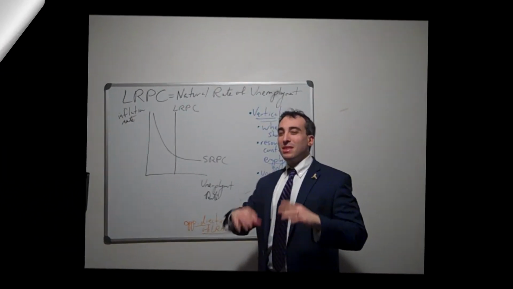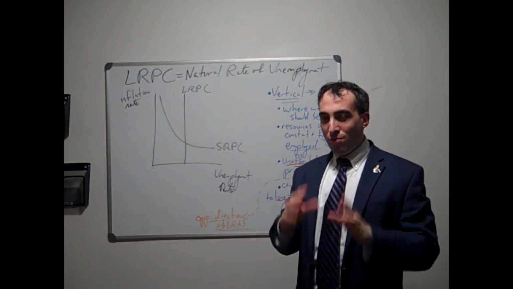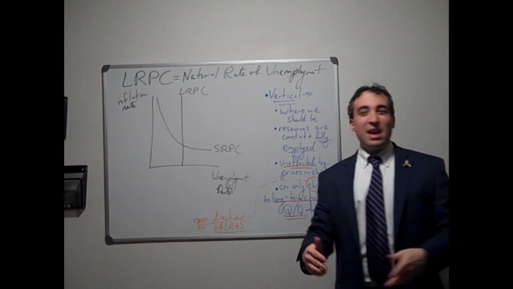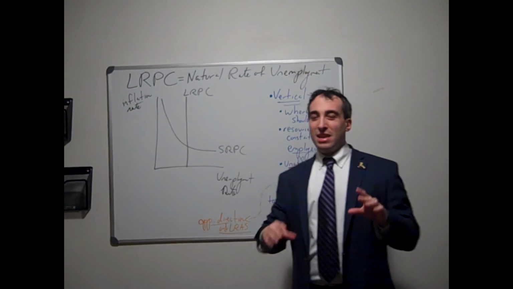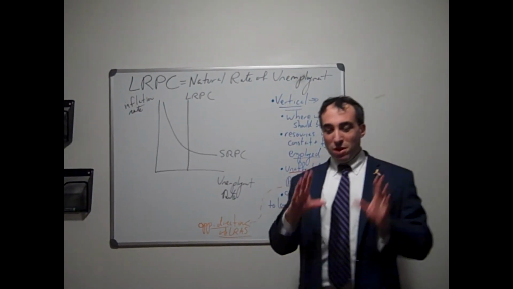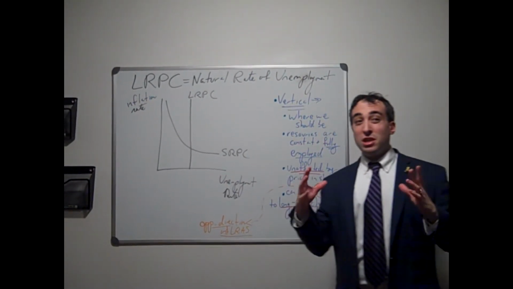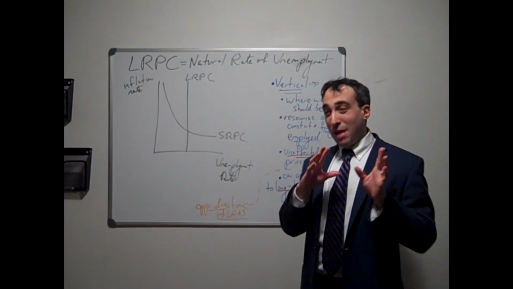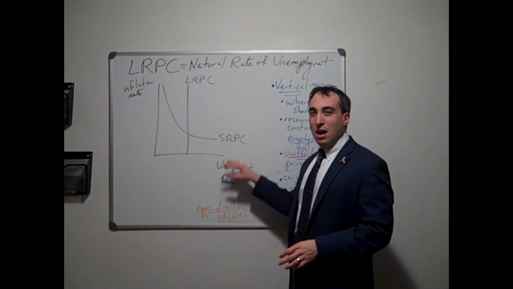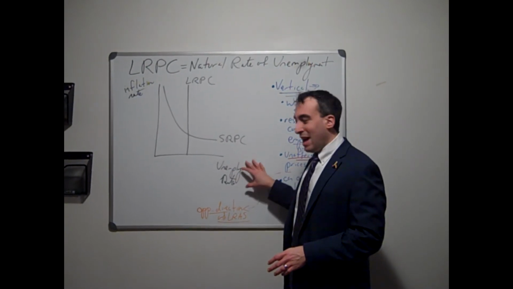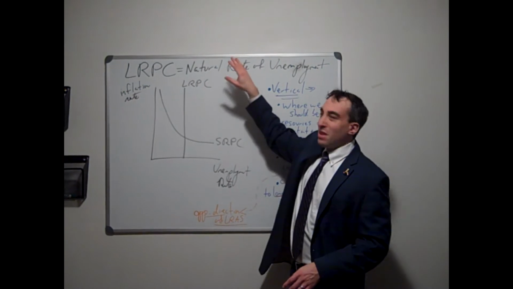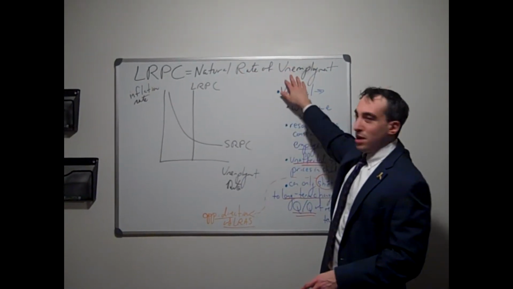So here we have the LRPC, the long-run Phillips curve, which is really just like the PPC and the LRAS. It is where we are in relation to where we should be. But for the first time now we actually have the unemployment rate as an axis, so the LRPC fully represents the natural rate of unemployment.